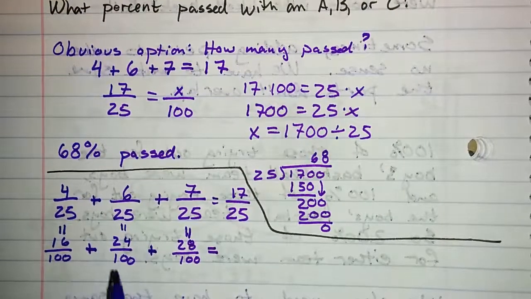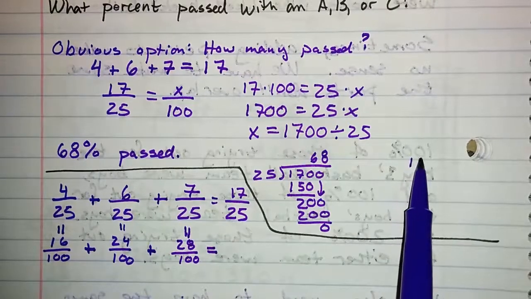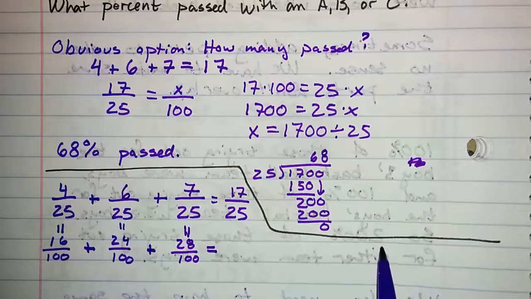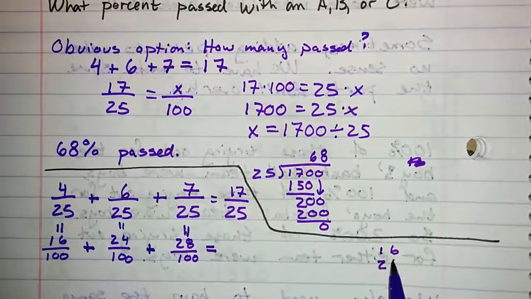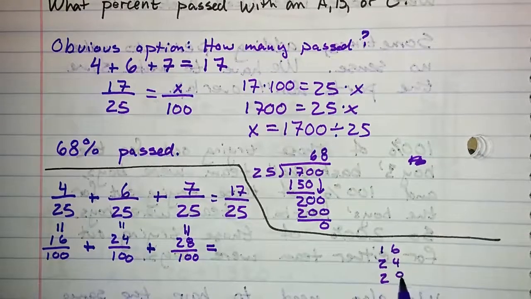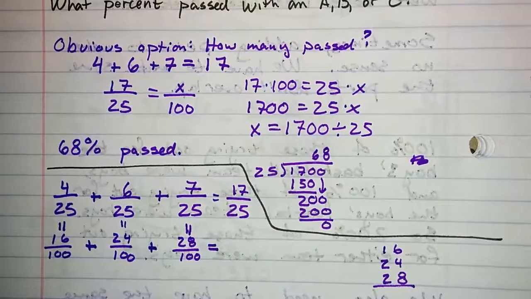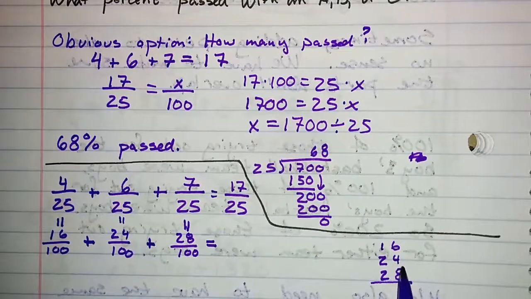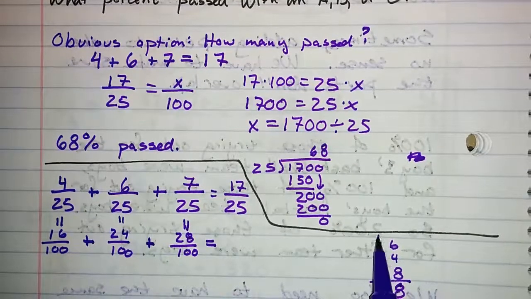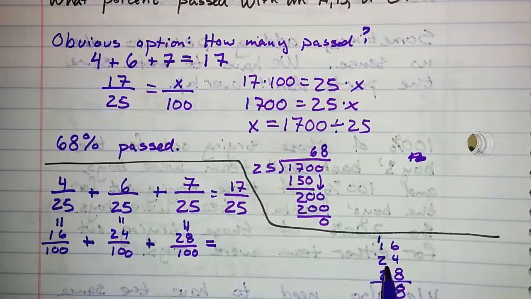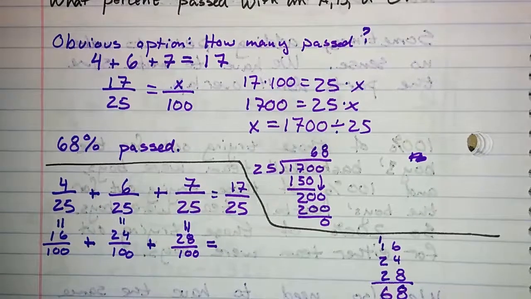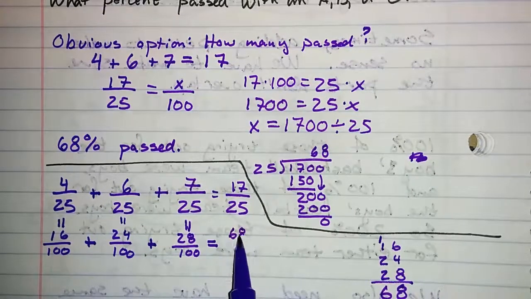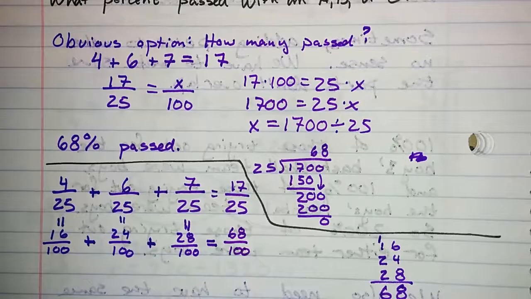What happens if I add together 16 plus 24 plus 28? 6 and 4 is 10, and 8 is 18. 1 and 1 is 2, 4, 6. I'll get 68 out of 100.